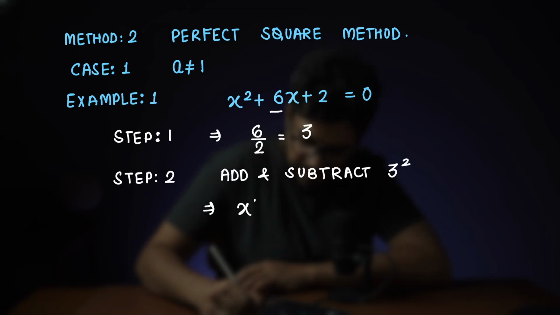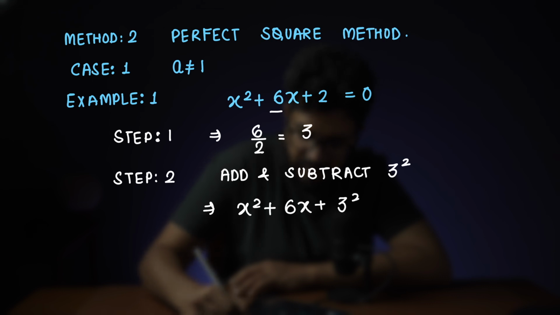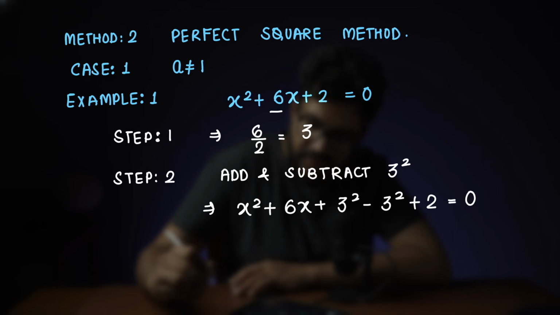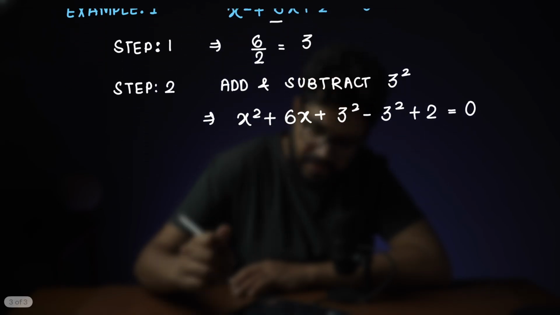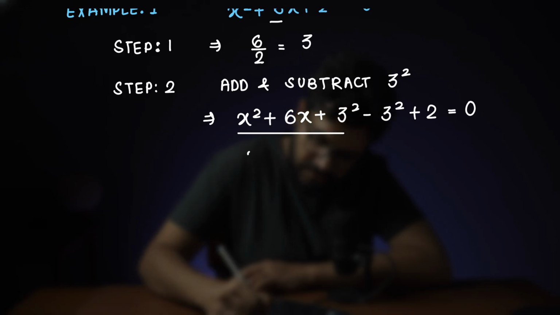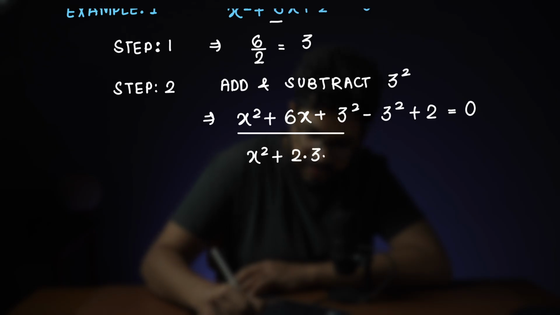So we will get x² + 6x + 3² - 3² + 2 = 0. Now if you notice, the first three terms make a perfect square, since the middle term is just 2 times 3 times x, plus 3².